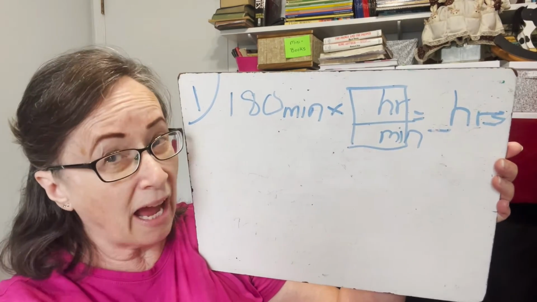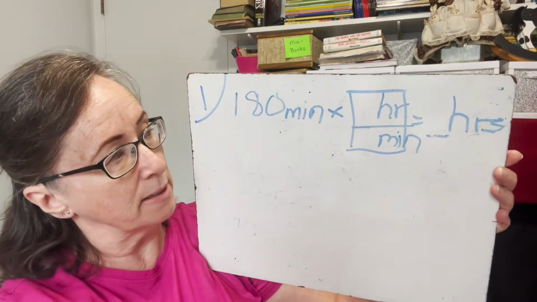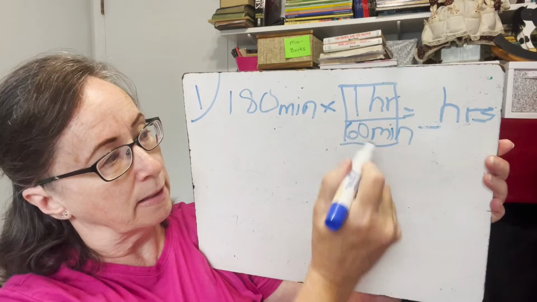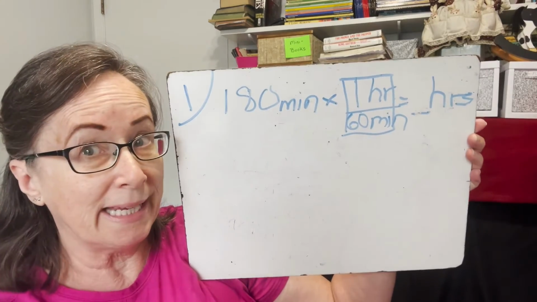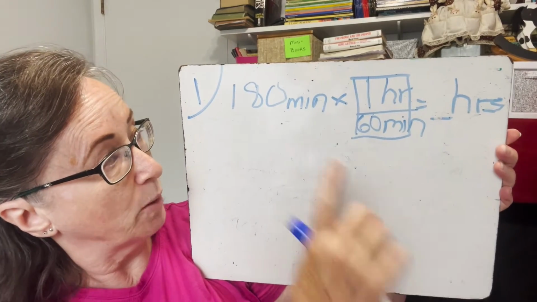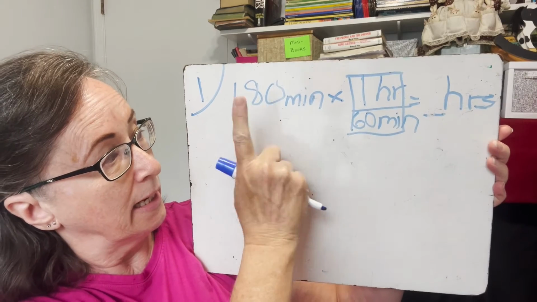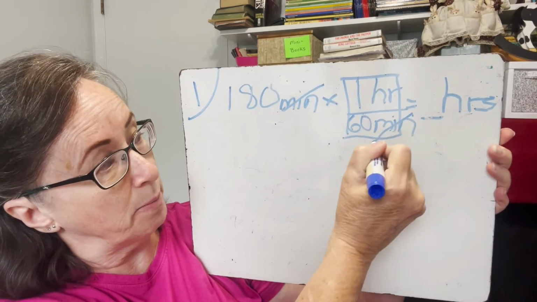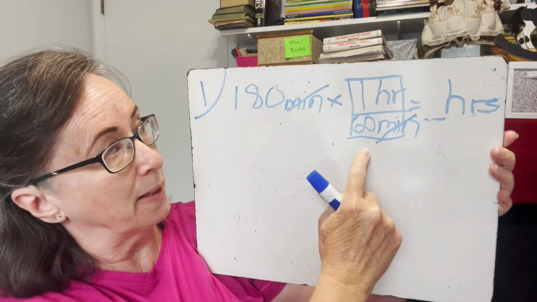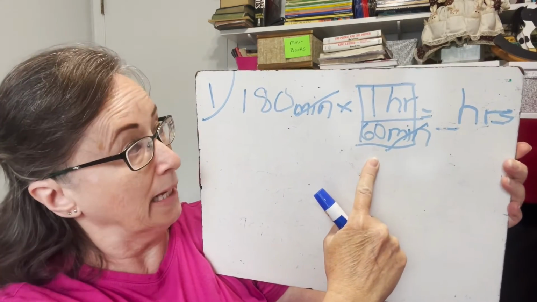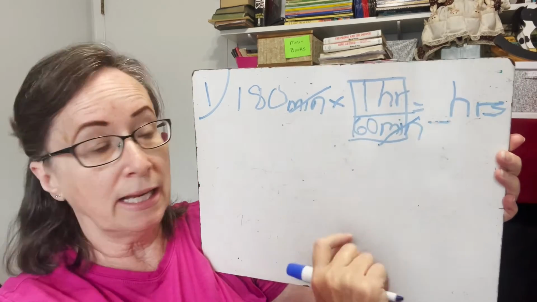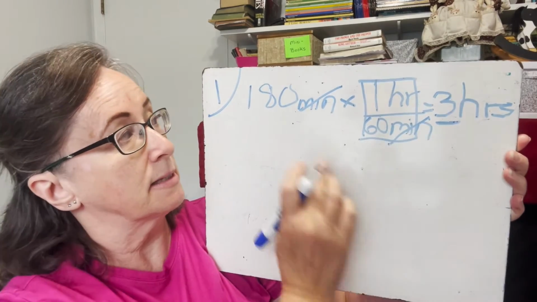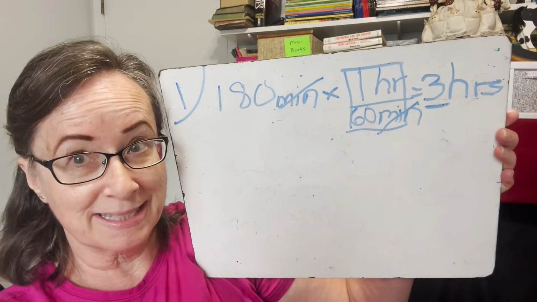We know that every hour has 60 minutes. So 1 hour has 60 minutes. And now we're all ready to do our problem. So 180 and 60 are going to divide. The minutes will cancel the minutes. 180 divided by 60 is 3. Times 1 is 3. 3 hours is 180 minutes.